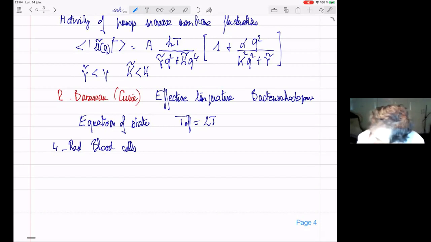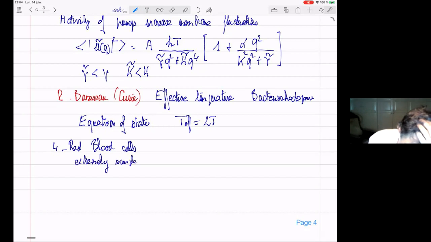They are extremely simple cells. Also, when you look at red blood cells and you shine them with light, you see the fluctuation of the red blood cells. And these fluctuations are what are called the flickering of the red blood cell.